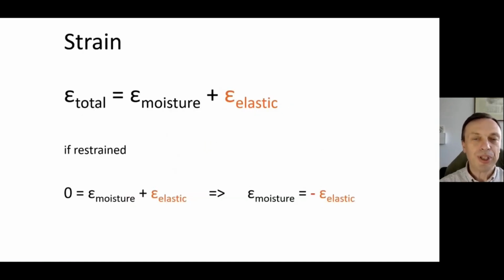So let's return here to this equation, and we can see here that if there is no restraint to the movement, the object, or material, the wood, is free to respond to relative humidity variation. The moisture strain, or hygric strain, is equal to the total strain, and the elastic strain is 0.